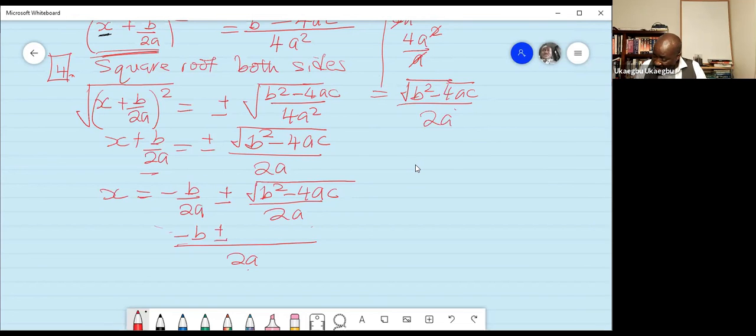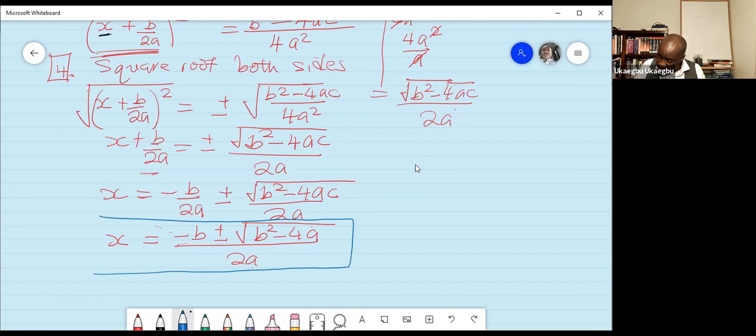Then 2a divided by 2a is 1, and 1 times the square root of b squared minus 4ac is the same thing. And that's equal to x. And this is your quadratic equation formula. So that's actually 4ac, not 4a, 4ac. You see? So when somebody writes you the quadratic equation formula, you can tell the person, oh, I know how to get it.